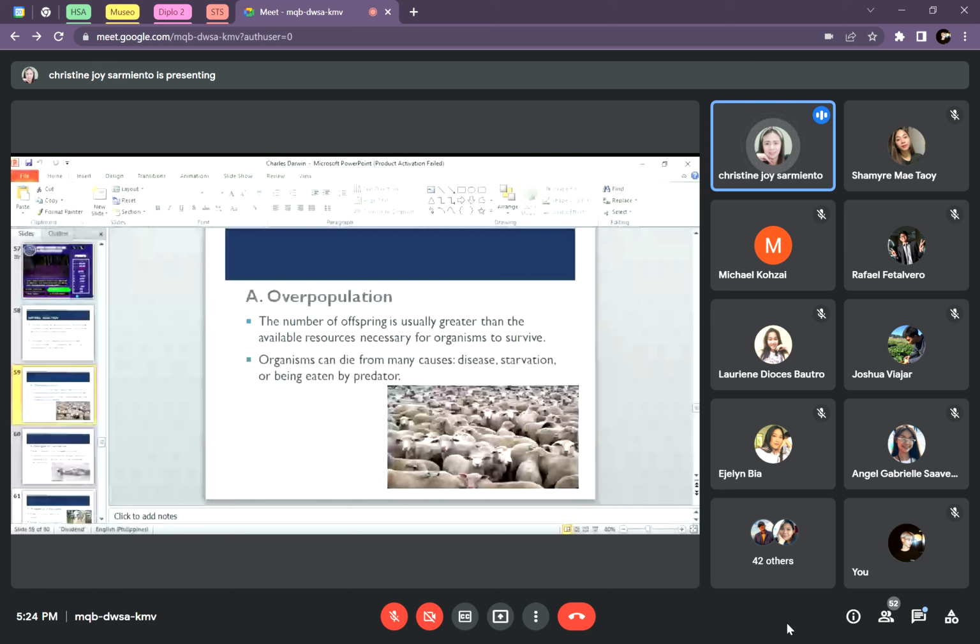With his Malthusian principle, which states that population grows geometrically while food production grows arithmetically.